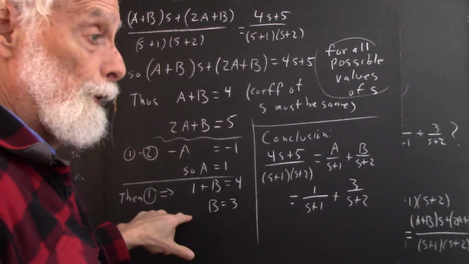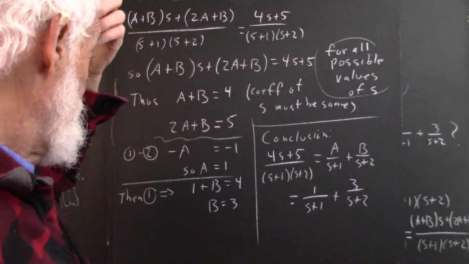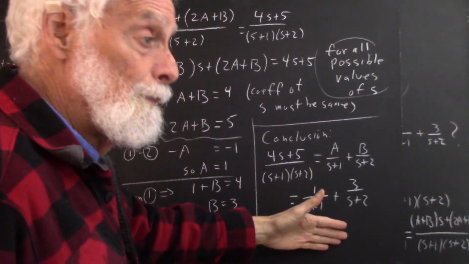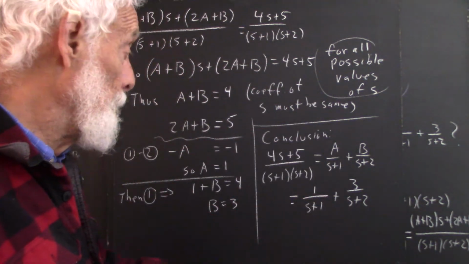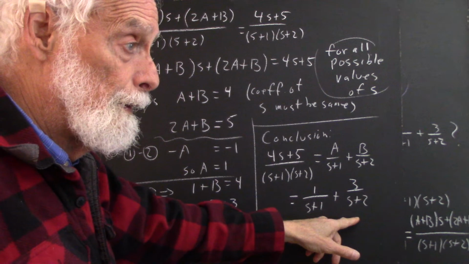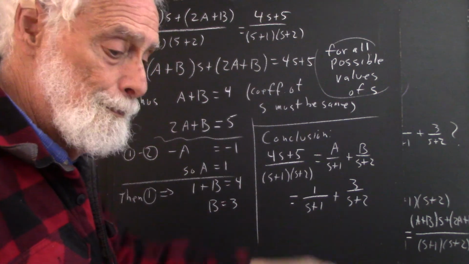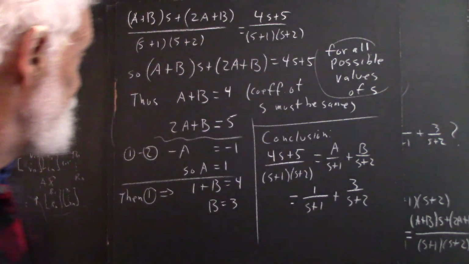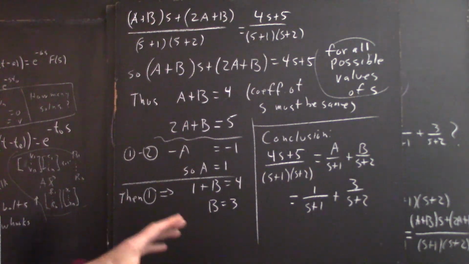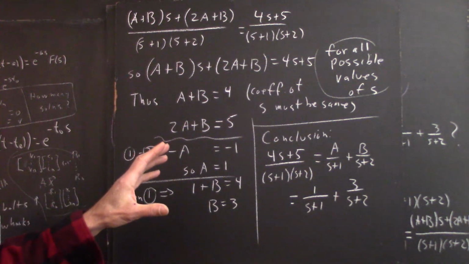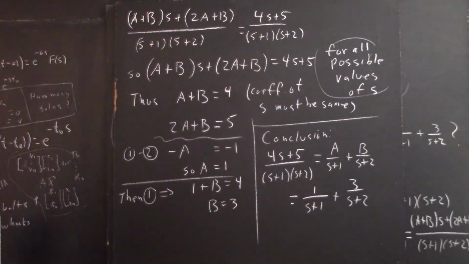Easy to solve the equation, very easy in this case. And then we just write out our original assumption, and we have recovered our original. Okay? So, that demonstrates, at least in this case, the method of partial fractions. Now there are other cases, so we'll look at those.